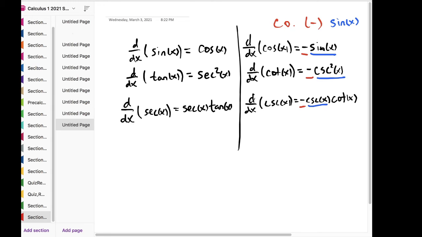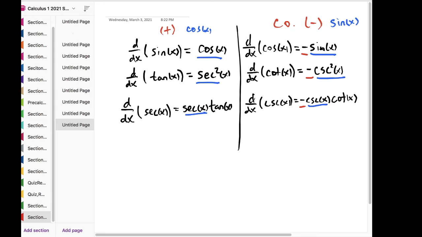So all the derivatives of the co functions have a negative, and they have a sine pop up somewhere. So all the ones that are not co are all positive derivatives, and they all deal with a cosine. Secant is just 1 over cosine.